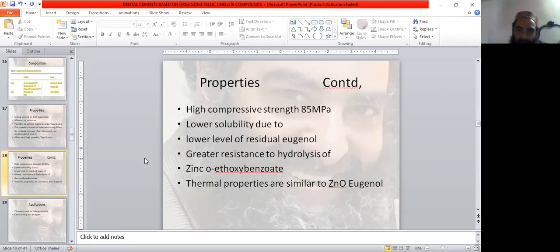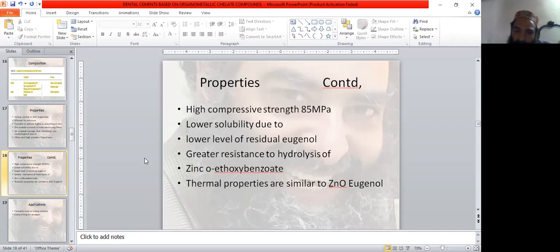Now, high compressive strength, that is 85 MPa. Here it is 20 for not reinforced material, zinc oxide eugenol, and reinforced is 40 MPa, and now it is 85 megapascals.